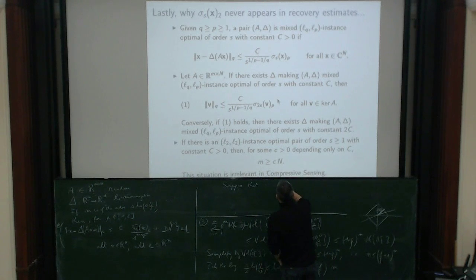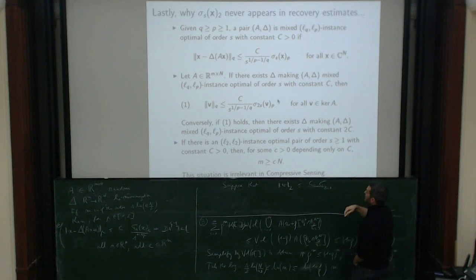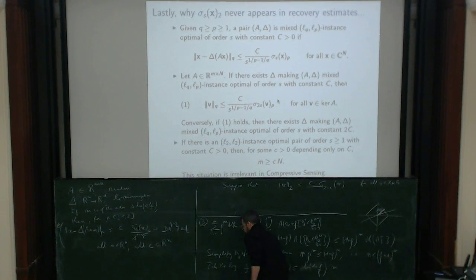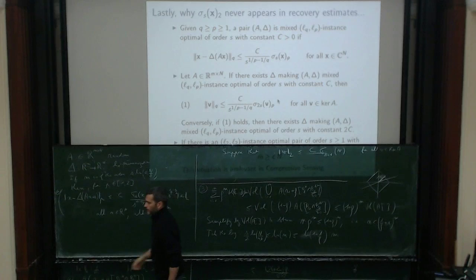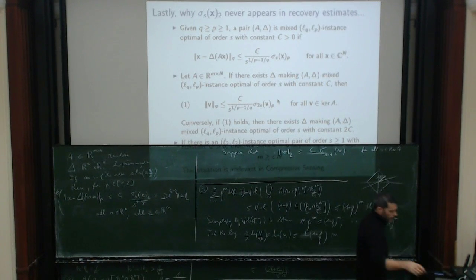So suppose that the L2 norm of V is less than C, because I take P and Q equal to 2, times sigma, the best one-term approximation of V, and suppose that that holds for all V in the null space of A. All right. From there, I want to show that m has to be proportional to n at least.